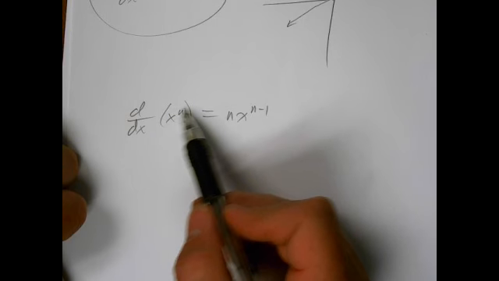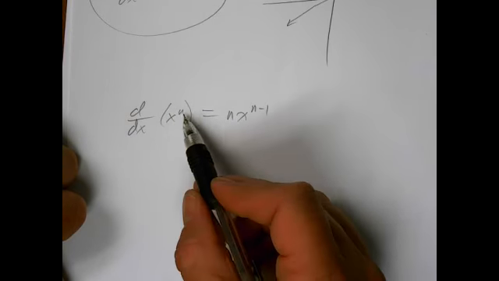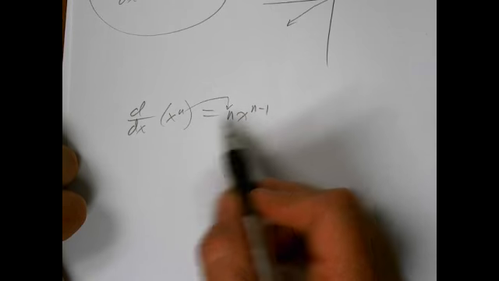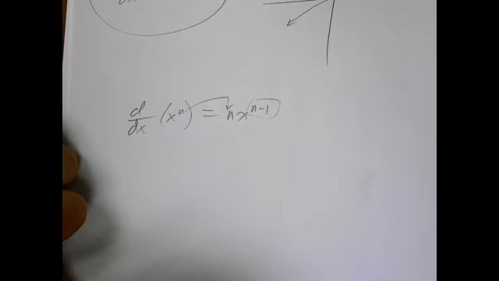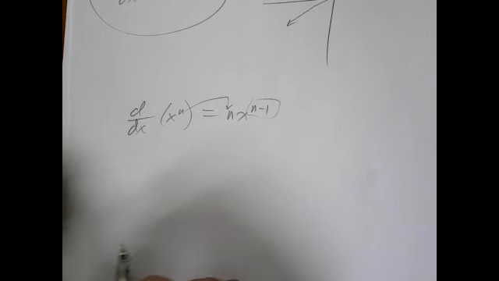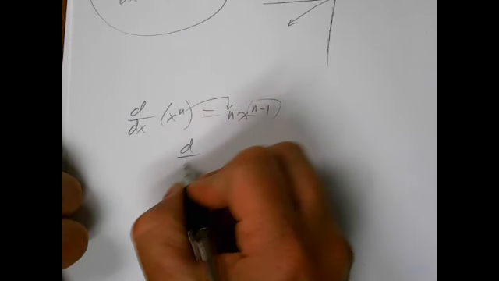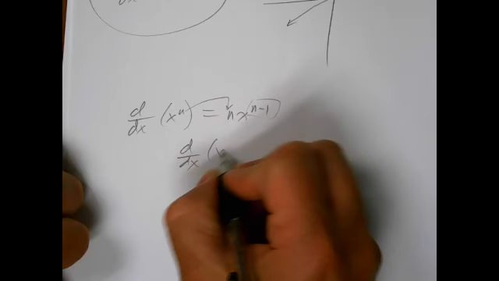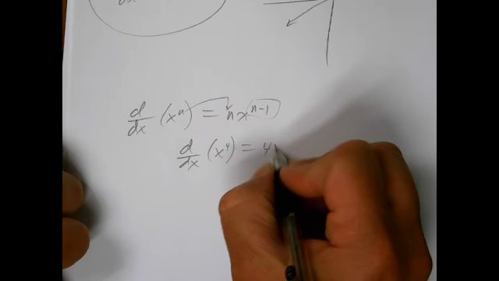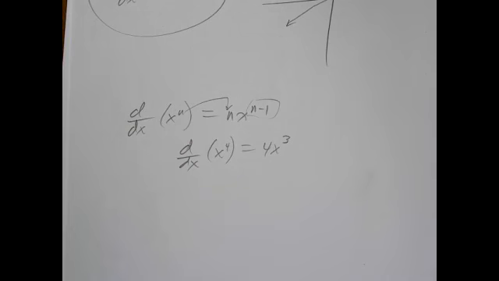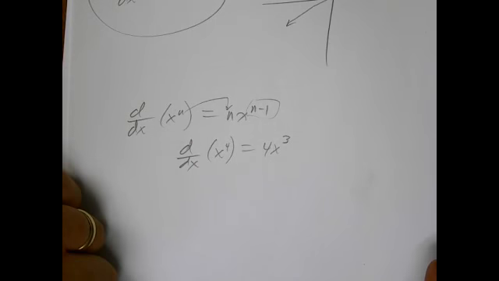Variable base, constant power: the power comes out front, and then the power decreases by 1. All right, so, for example, the derivative with respect to x of x to the 4th would be 4x cubed.